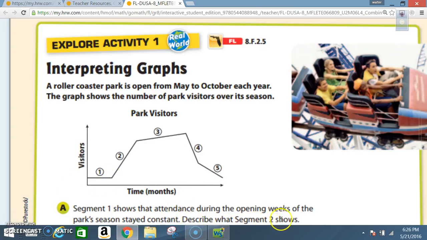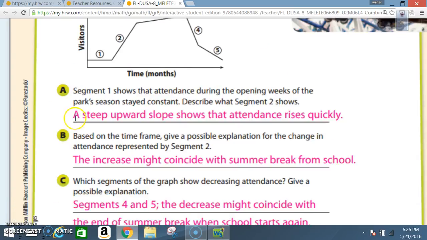Describe what segment 2 shows. As time is going along, the amount of visitors is increasing. How do we describe that? A steep upward slope shows that the attendance rises quickly.